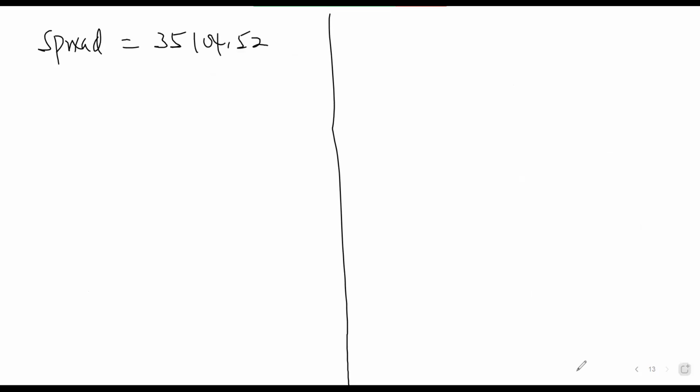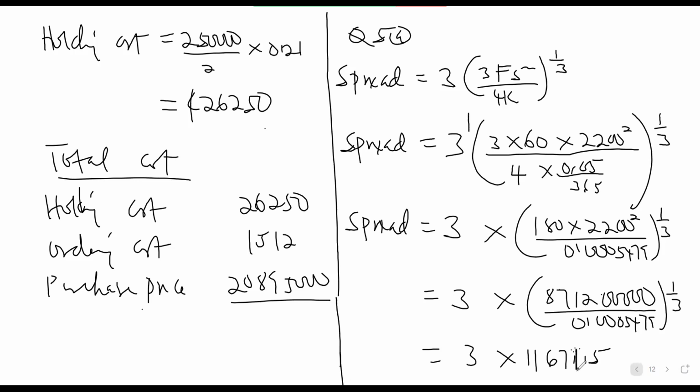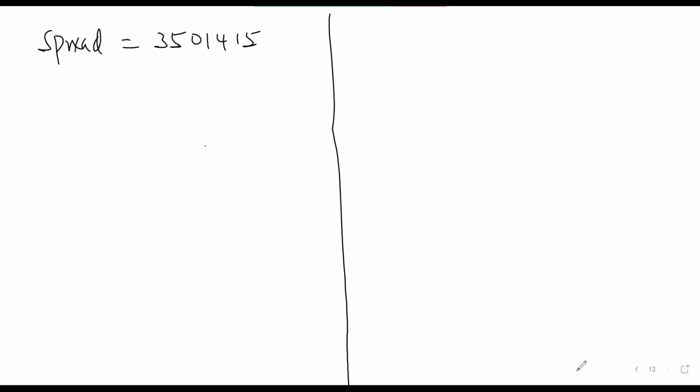Okay, 014, not 104. Please, for the spread you have to do everything over here before you multiply the answer by 3. Don't use 3 to multiply the answer before you find the exponent 1/3. You have to be very careful with that. If not, you'll be getting a wrong answer in the exam.